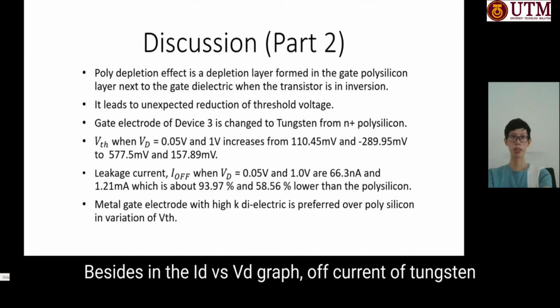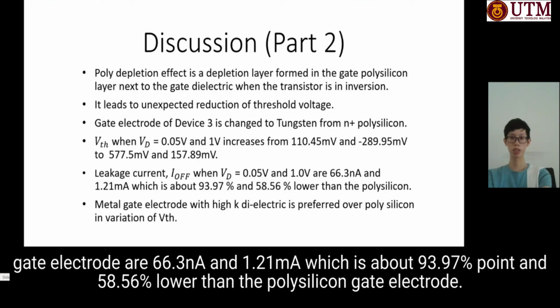Besides, in the ID-VG graph, the off current of the tungsten gate electrode is 66.3 nanoamperes and 1.21 milliamperes when VD equals 0.05 volt and 1 volt, which is about 93.97% and 58.96% lower than the polysilicon gate electrode.